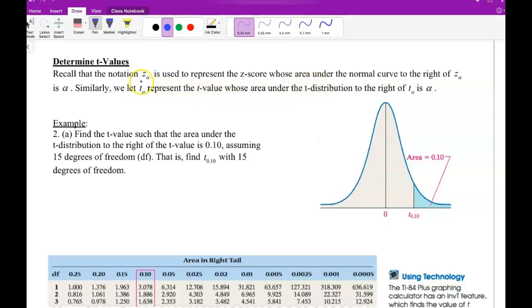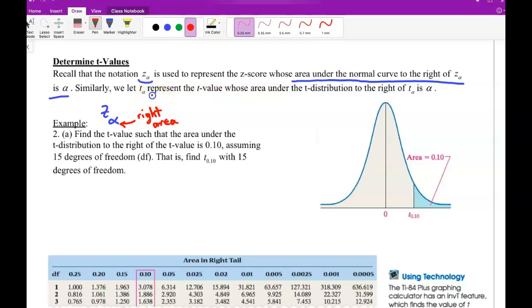Okay, recall that when we have this z alpha, that z-score, whose area under the normal curve to the right of z alpha is alpha. So I'm writing that. So this alpha is the area to the right. And we have the same thing for t alpha.